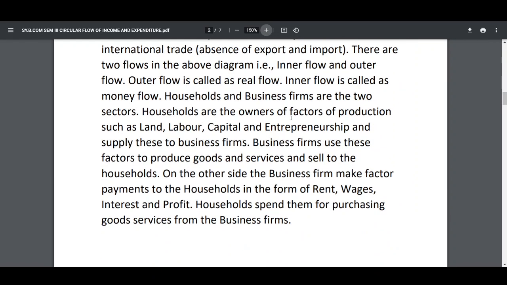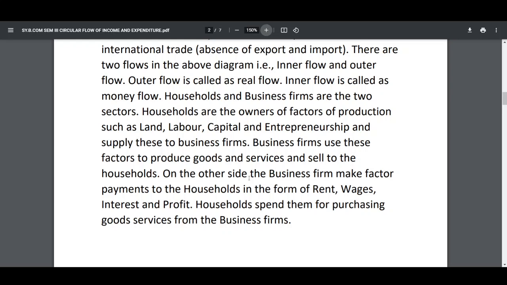Households are the owners of factors of production such as land, labor, capital and entrepreneurship and supply these services to business firms. And business firms use these factors to produce goods and services and sell to the households.